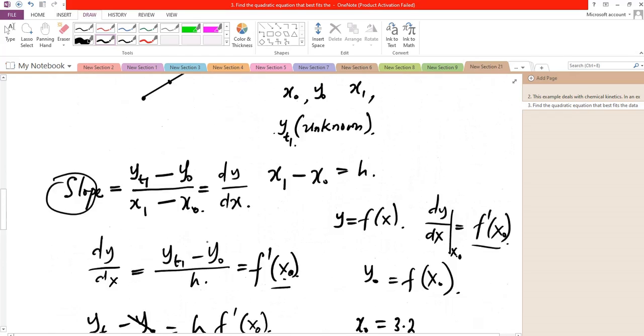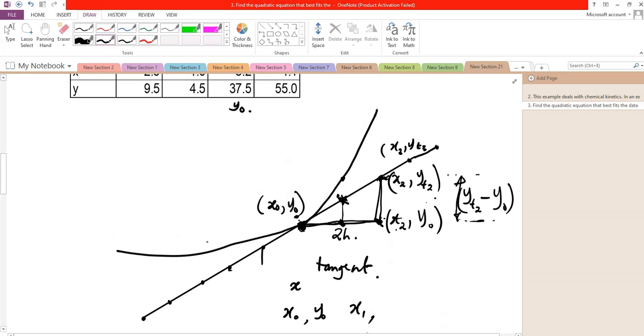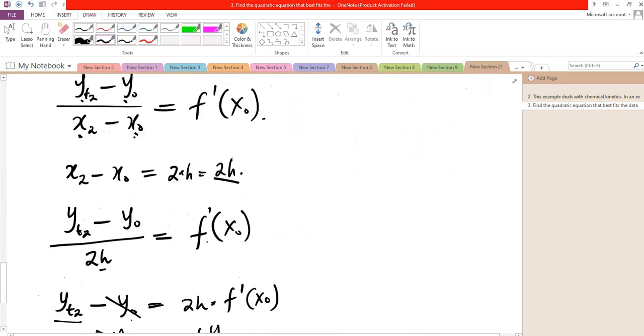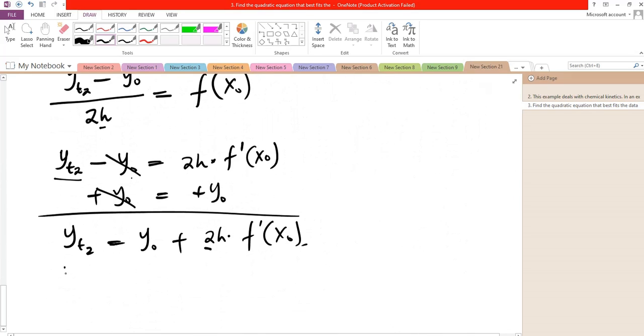So by deduction, 3 step will be y sub t3 equal to y sub 0 plus 3h times first derivative function of x sub 0.